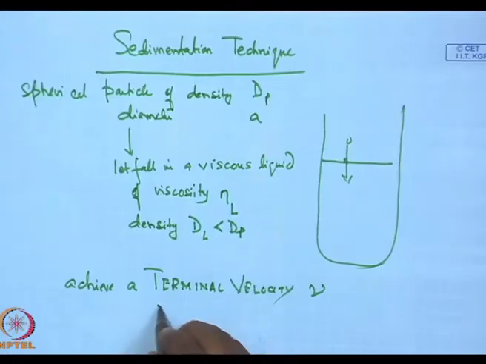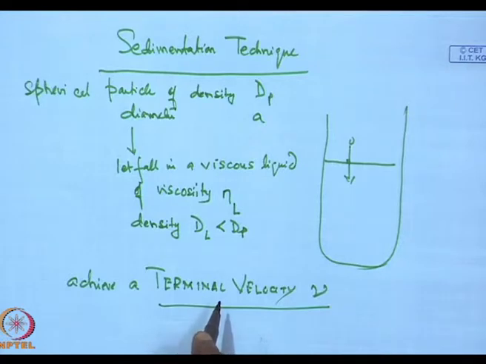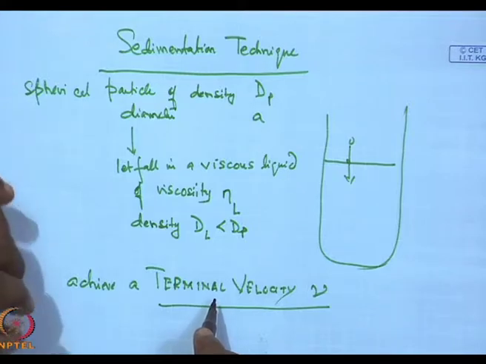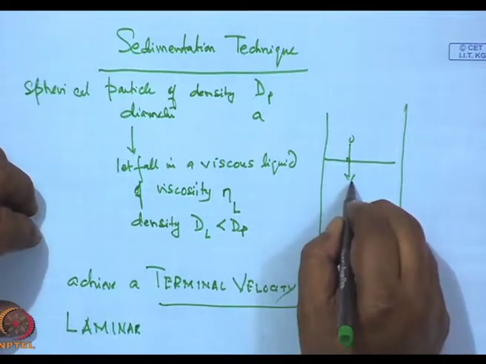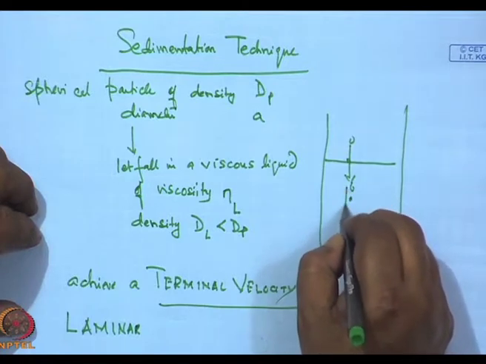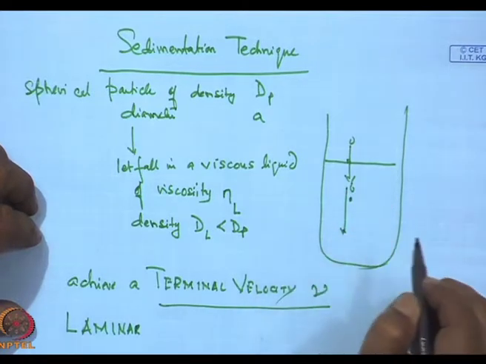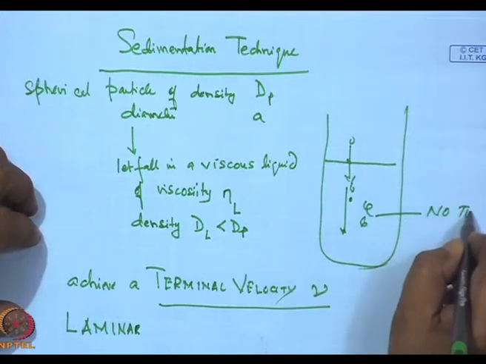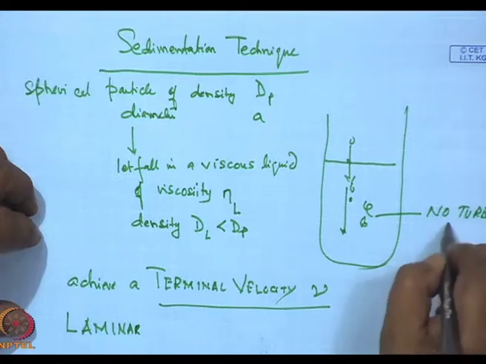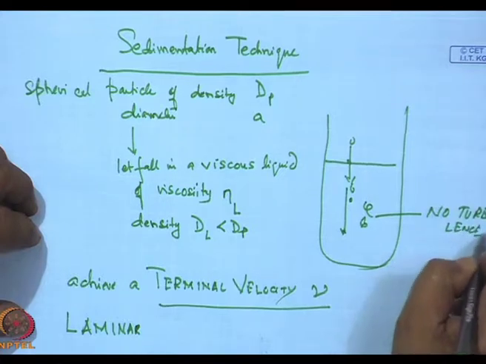They would balance and it would achieve a terminal velocity of nu. In this process, we are assuming that the flow is laminar. That is, as the particle falls, it is a typical laminar flow. There is no turbulence.